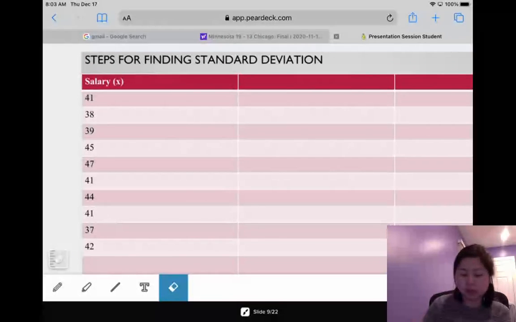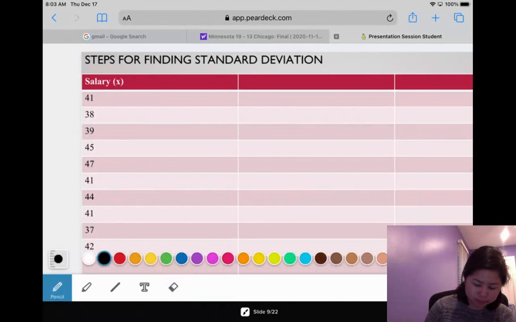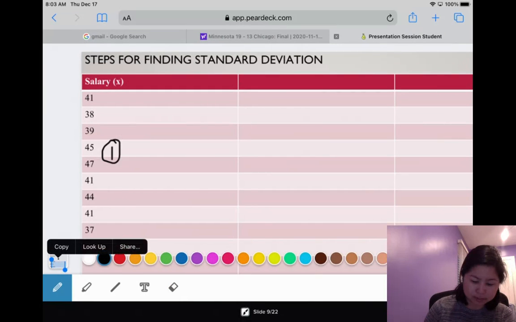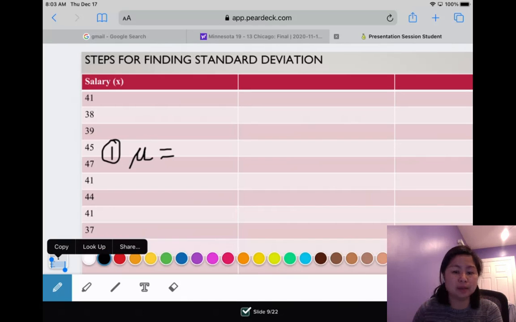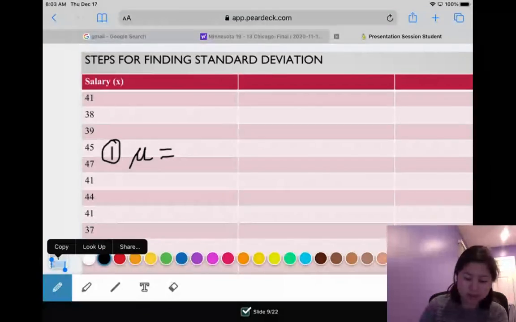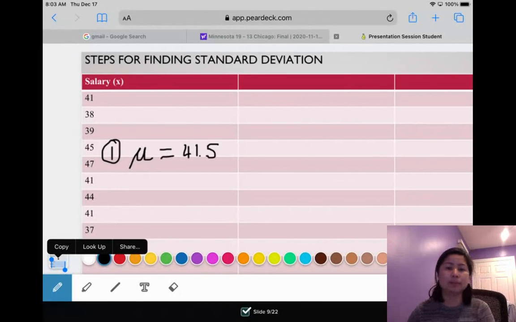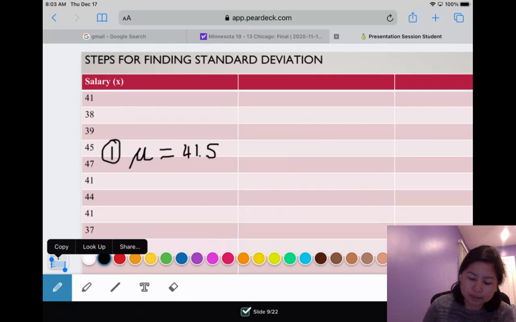So step number one is to find the mean. I'm not going to go over how to find the mean. At this point, I think we should be okay with finding the mean, which is 41.5. So that's step number one. Step number two, what we do next is the second column.